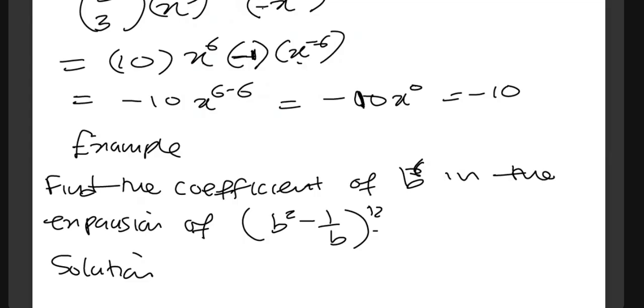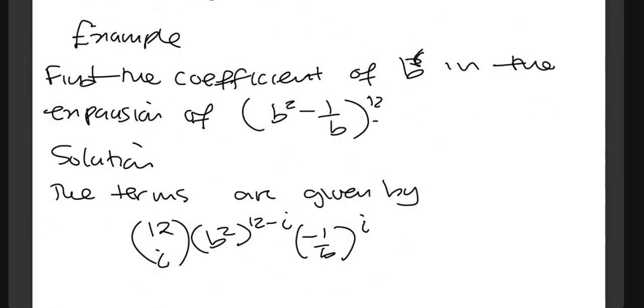Solution. The terms: 12 choose I, then b squared raised to the power 12 minus I, and negative 1 over b raised to the power I. Then we can write this nicely, which is equal to 12 choose I, then b to the power 24 minus 2I.